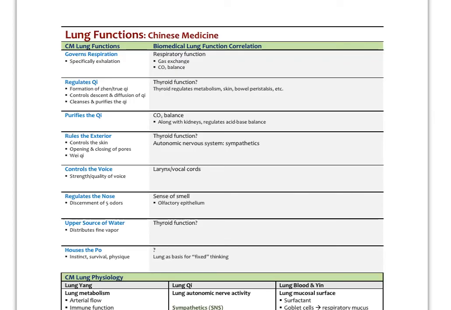Finally, if you look at Chinese medicine, lung functions, we say the lung governs respiration, specifically the exhalation process. That's interesting to think that, really the inspiration is active with contraction of the diaphragm, expiration is passive. The inspiration really emphasizes the oxygen part, and that actually is regulated primarily by the kidneys.